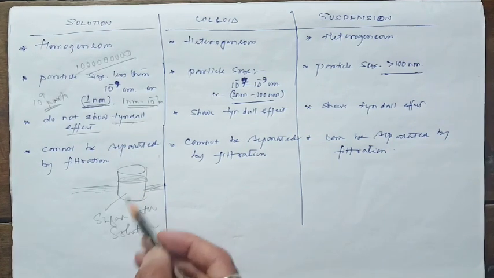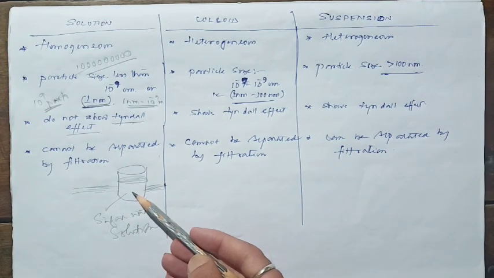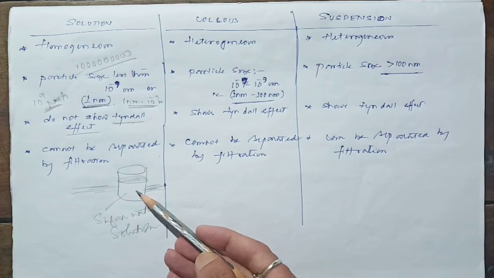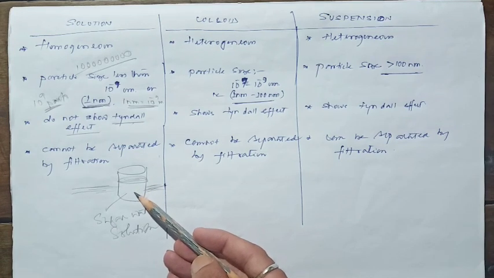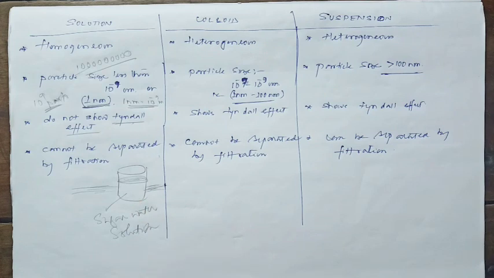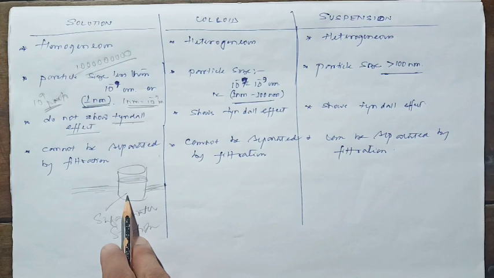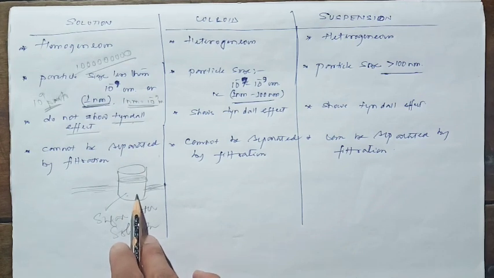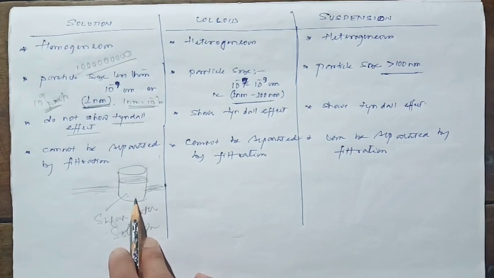The reason is the particle size being very small, they are not able to scatter the light. So this is what we mean by the Tyndall effect. Here the solute particles in solutions cannot scatter the light. That means solutions do not show the Tyndall effect.